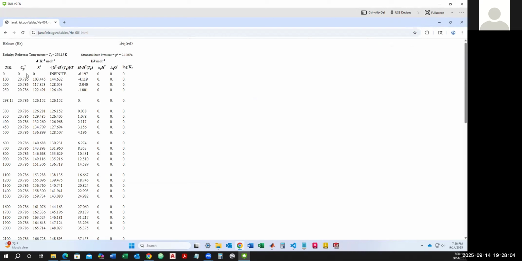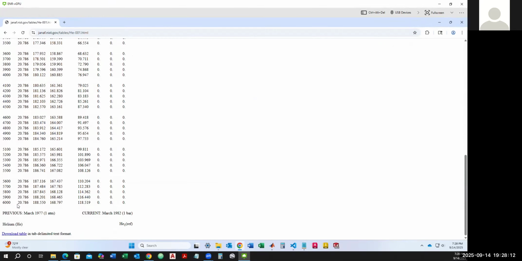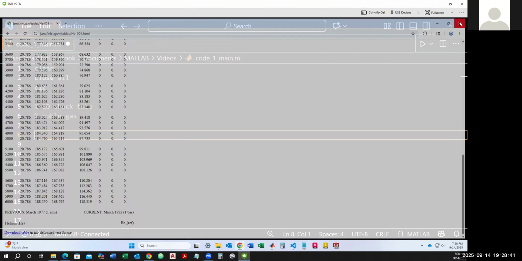The specific heat capacity at constant pressure is constant from 100 to 6,000 Kelvin. That is what I mean by a perfect gas. The noble gases are all monatomic perfect gases. So the heat capacities at constant pressure and at constant volume are both constants. They do not depend on the temperature.